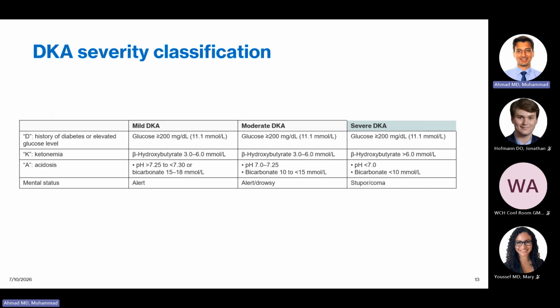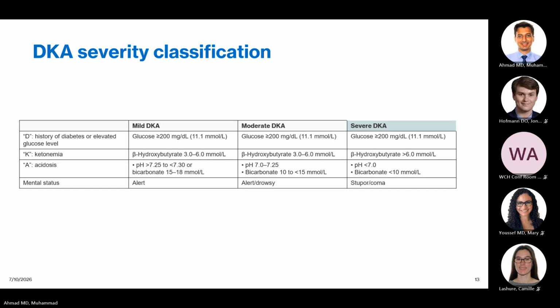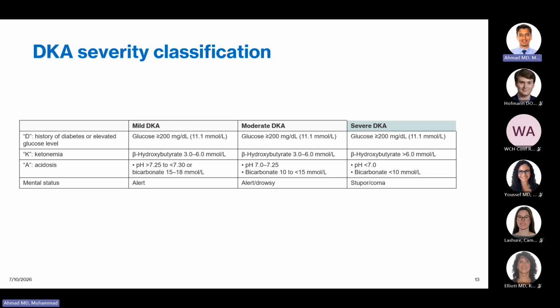And we have to classify the DKA based on severity, which is mild, moderate, or severe. We don't have to send DKA patients all the way to the ICU right away because in our hospitals, we do manage these patients in the PCU.